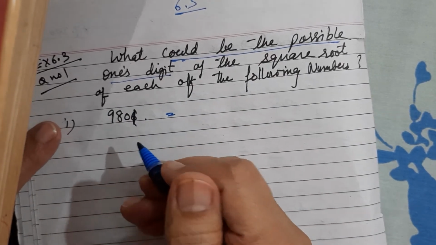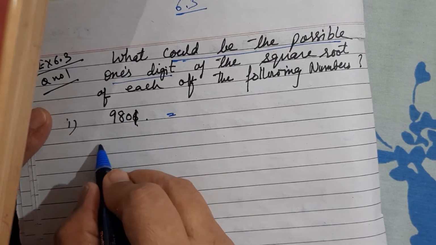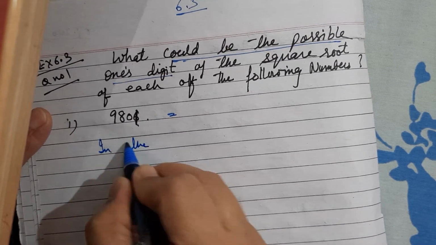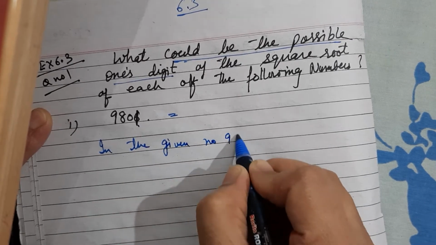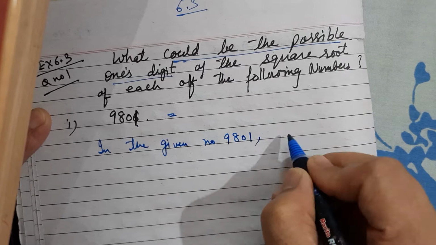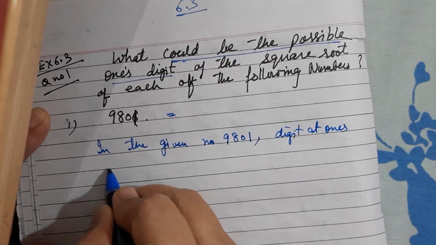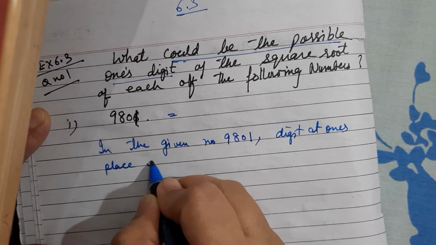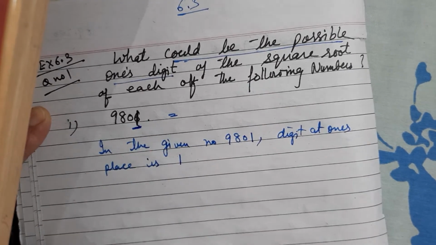So here in the given number 9801, the digit at ones place is 1. So this is the ones place digit, which is 1.